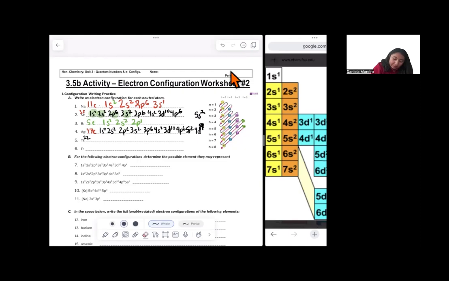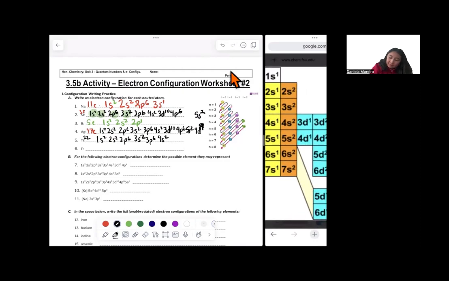So we'll fill in as required: 1s2, 2s2, 2p6, 3s2, 3p6, 4s2. That gets us up to here. And then 3d2. This should add up to 22: 2, 4, 10, 12, 18, 20, 22. Perfect.